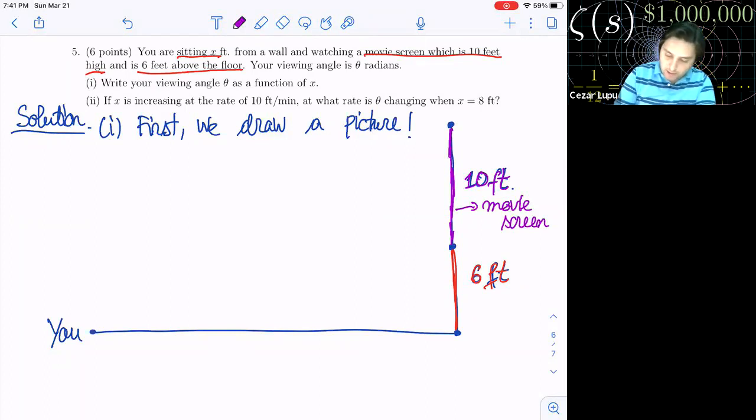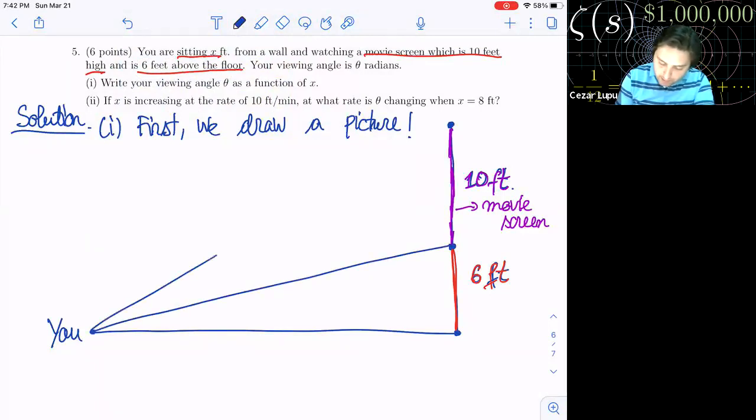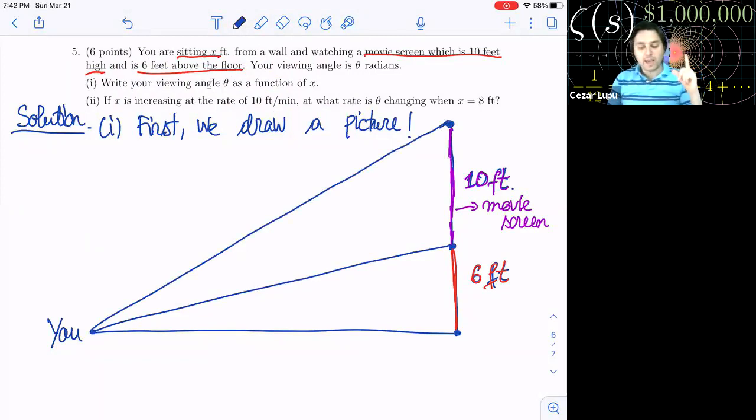So now let's look closely. Your viewing angle is theta radians. So my viewing angle of what? Of the movie screen, right?